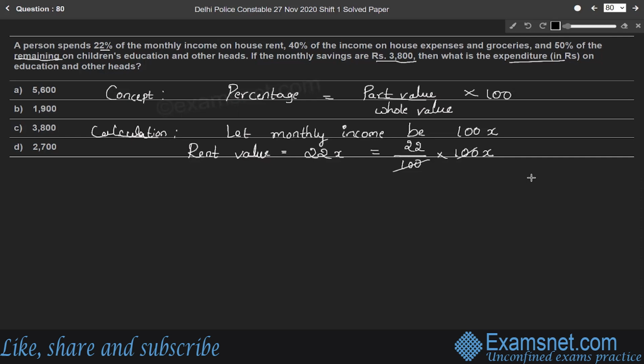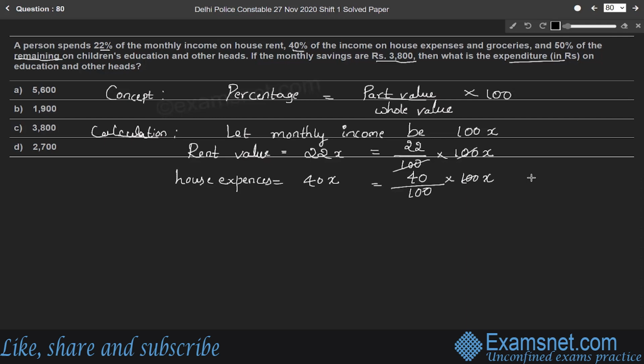Then house expenses and groceries. 40% of the income is on house expenses and groceries here, so it becomes 40 into X. That means if 100 is the income, 40 parts will be for house expenses and groceries. If 100 into X is the income, it becomes 40X.